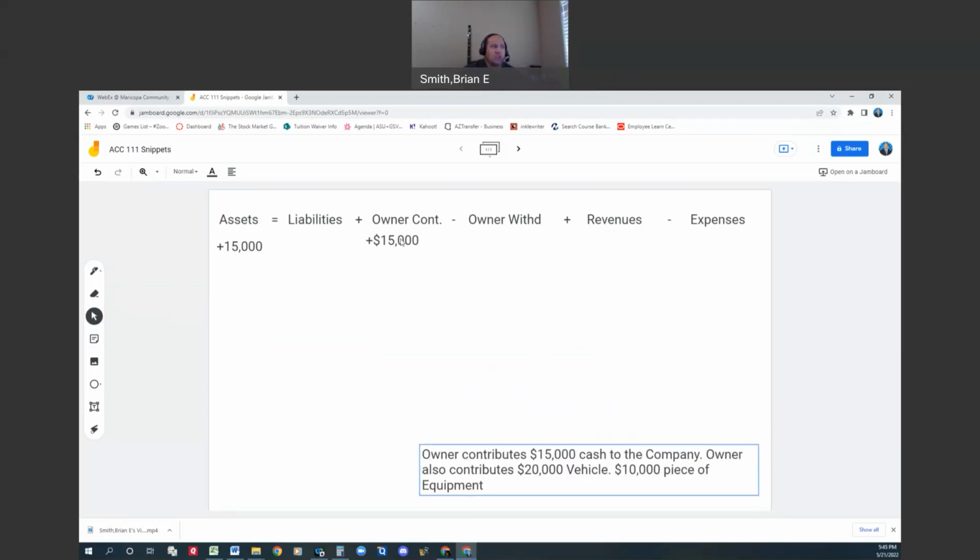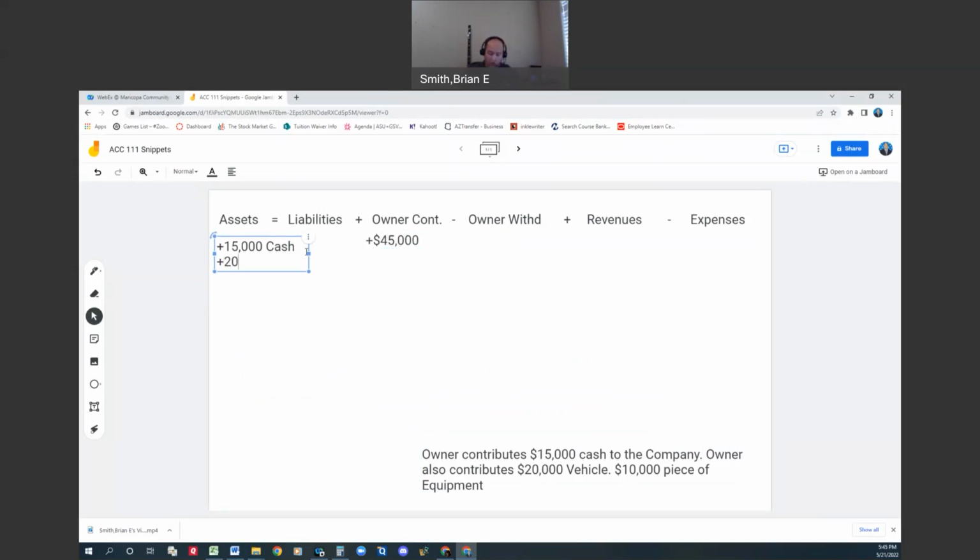Again, the owner's contribution will be whatever the value is of all contributed assets. So we're going to take this 20,000 plus 10,000 plus 15,000. So that's going to equal $45,000 on this side. But what we want to do on the asset side is we want to know each individual type of asset that we have. So we're going to have $15,000 cash increased.